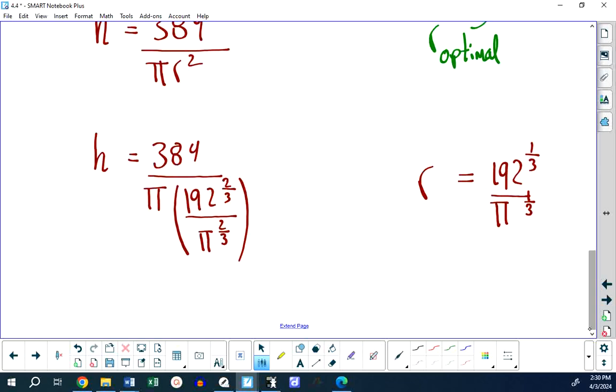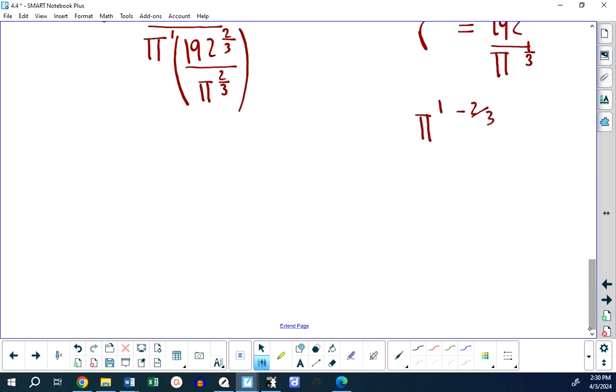I have pi to the 1 over pi to the 2/3 on the bottom. So that's pi to the 1 minus 2/3. When you divide a common base, you subtract the exponents, so you get pi to the third. Which means the height is 384 over pi to the third, or the cube root of pi, times 192 to the 2/3. We could go on.